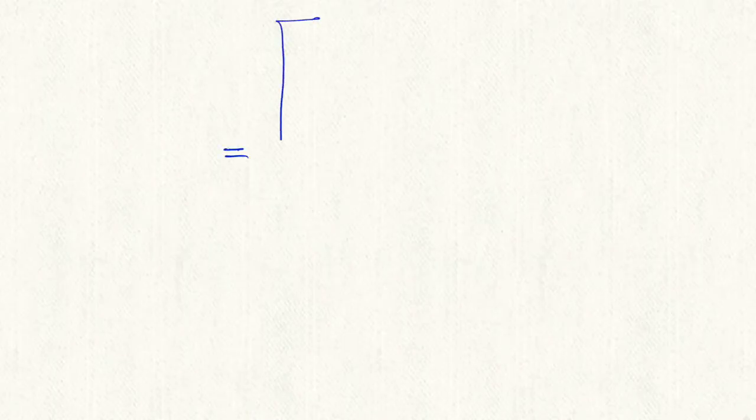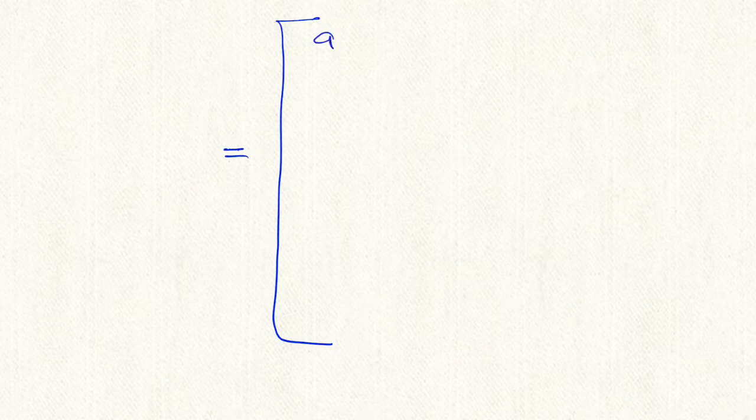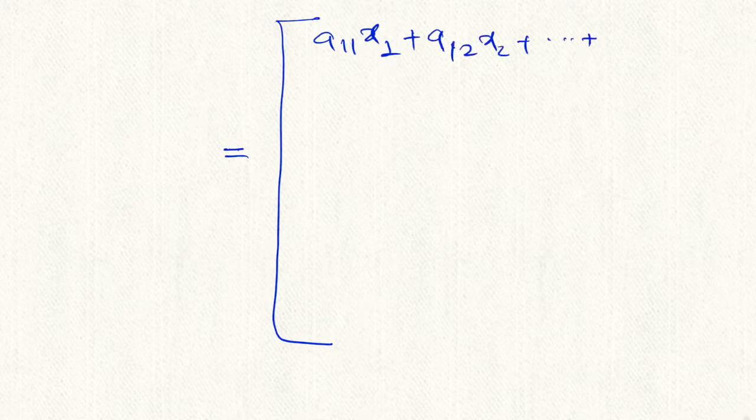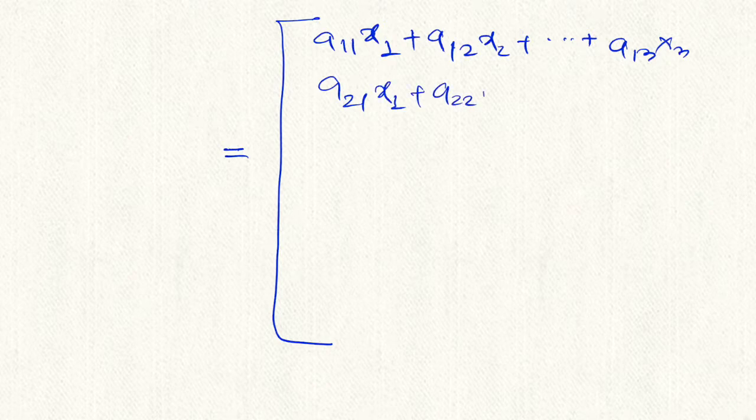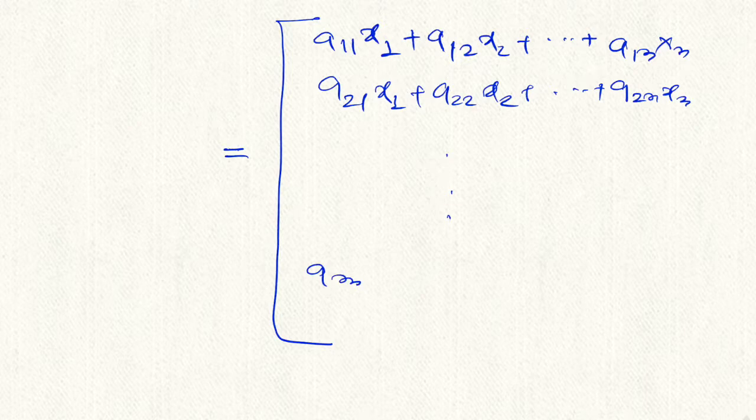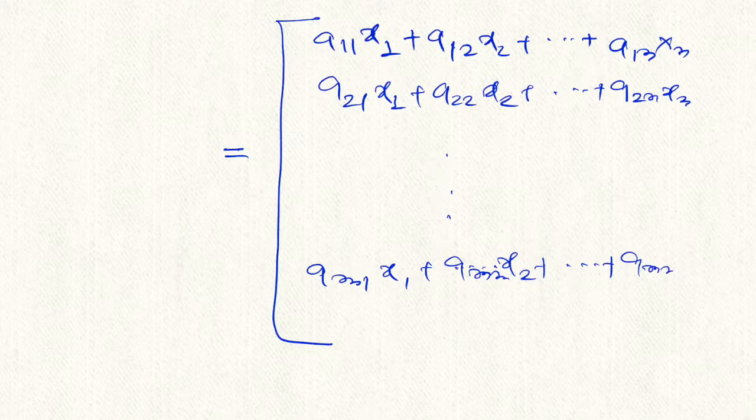If we expand that vector, we can see that this is a11 x1 plus a12 x2 plus ... plus a1n xn. Similarly, this is a21 x1 plus a22 x2 plus ... plus a2n xn, and the last entry will be am1 x1 plus am2 x2 plus ... plus amn xn.